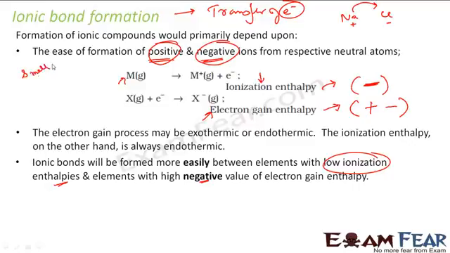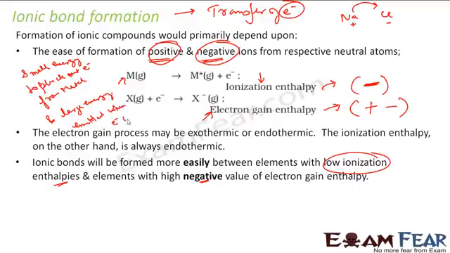So it is like this: small energy to pluck out an electron from a metal generally, and large energy emitted when an electron is added to a non-metal.